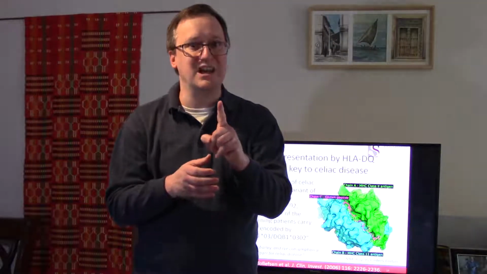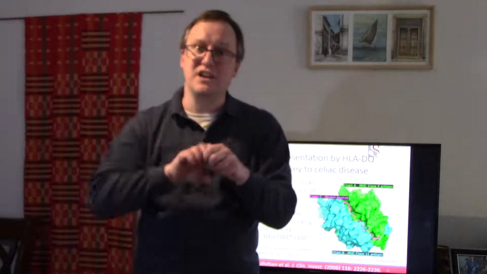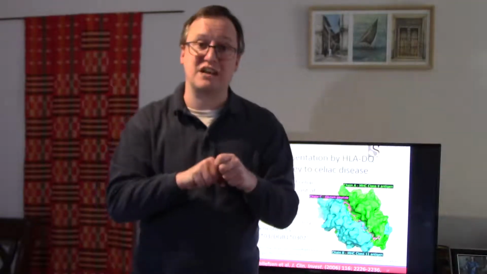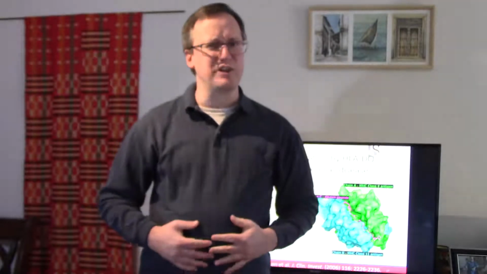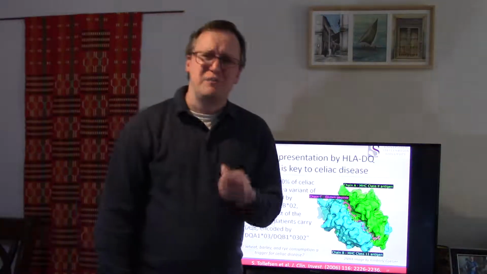But the immune attack has another barb. In attacking the gluten protein, it also attacks the lining of the intestine. And it's much more than, oh, my tummy hurts. It sends people to the hospital and can kill people, in fact. So celiac disease is a very, very big deal.